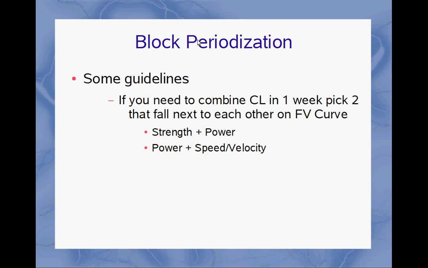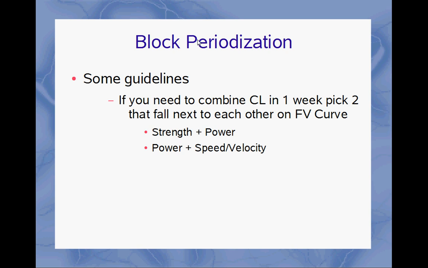Some simple guidelines for the application of training and the long-term delayed training effect. If you need to combine two concentrated loading parameters or goals into 1 week, you need to pick two that fall next to each other on the force velocity curve.